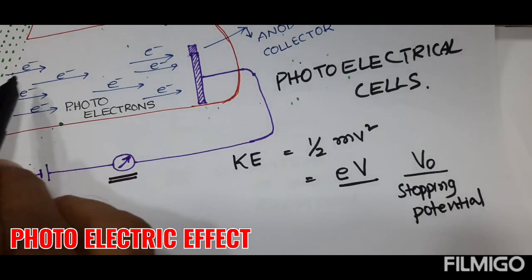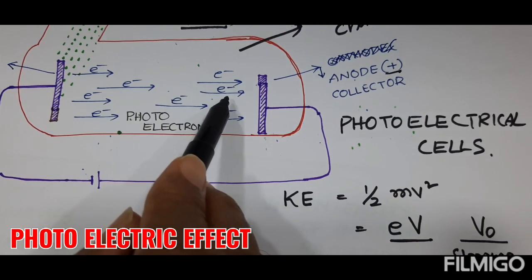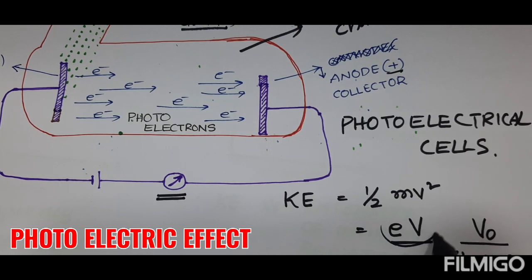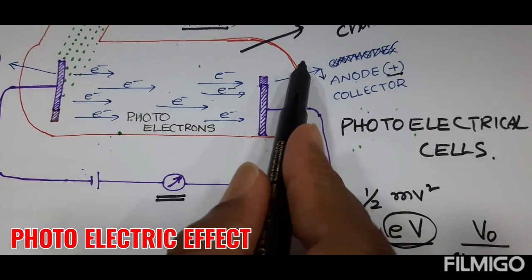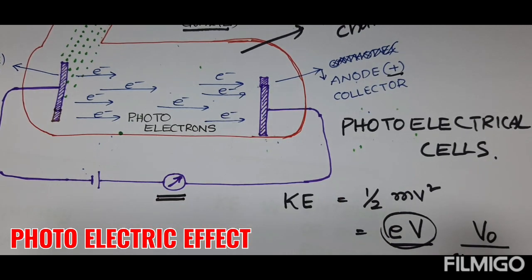Right? The electron traveling from cathode to anode has the kinetic energy of half mv square, or the charge potential is EV. The potential which is applied to stop the electron flow is called stopping potential.